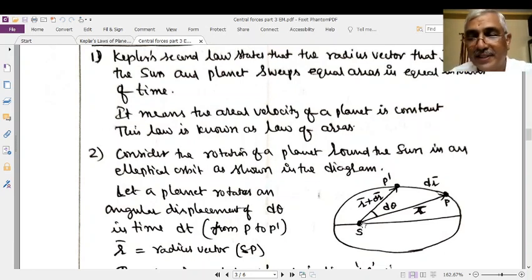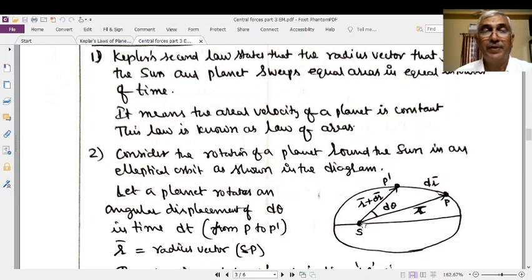Every planet rotating around the sun in an elliptical orbit has its distance maximum at a particular time and minimum at some other time. At maximum distance, its velocity is minimum. At minimum distance, its velocity is maximum. Why is it so? Only then does the radius vector of that planet cover equal area in equal intervals of time.